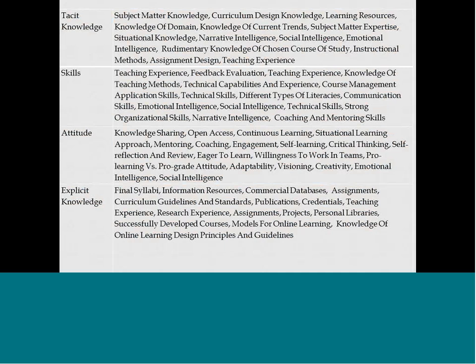We have a little bit of a redundancy in subject matter expertise, which seems to be a very strong asset. Situational knowledge, narrative intelligence, social intelligence, emotional intelligence, some knowledge of the course of study, kind of at the other end of the scale from subject matter expertise, instructional methods, assignment design, teaching experience.